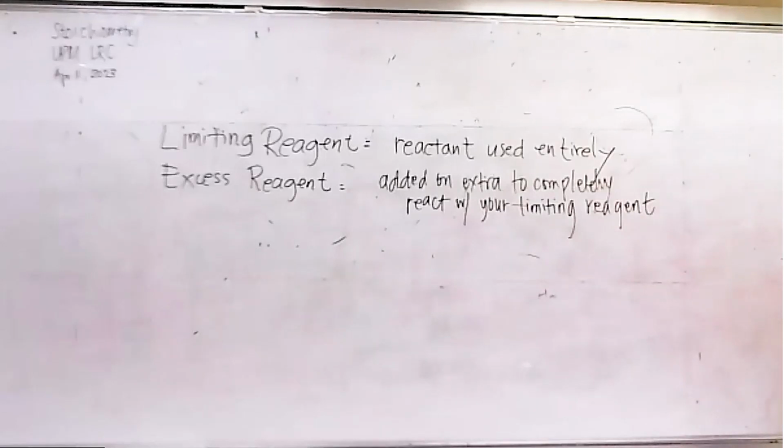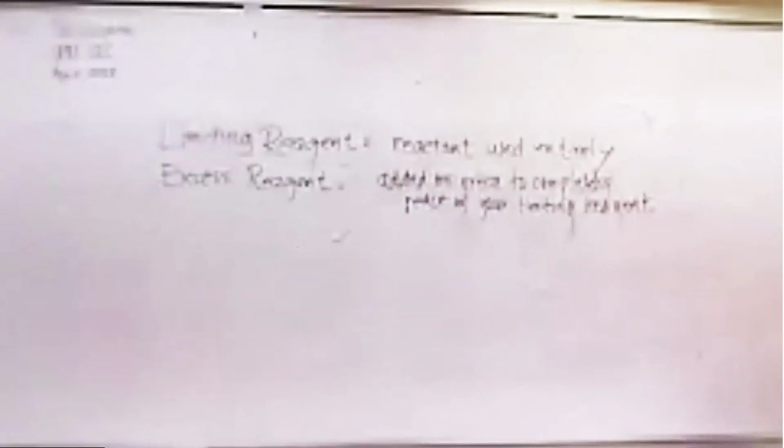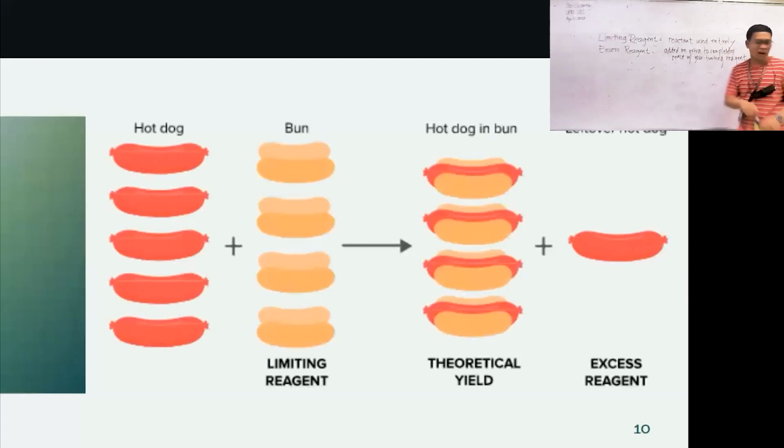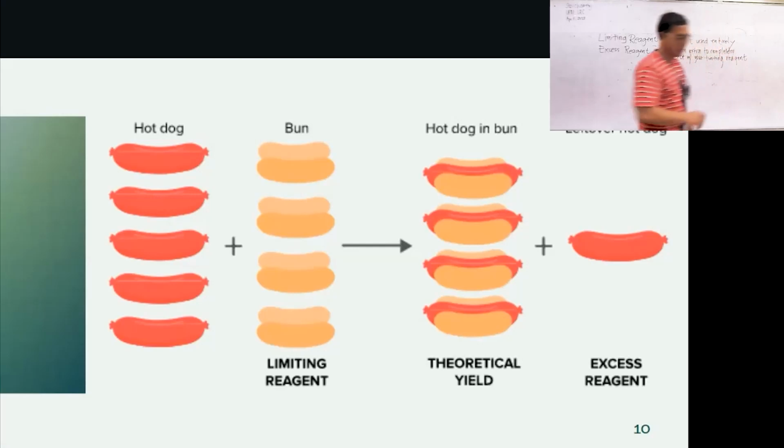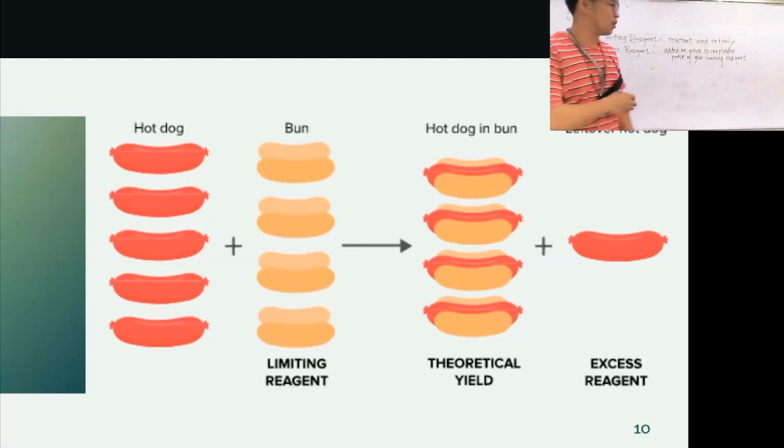To give you an analogy, let's go to the next slide. I hope you can still see our PowerPoint. You have 5 hotdogs and 4 buns. When we cook, for example, you can only produce 4 bun and hotdog combinations, but you'll have one hotdog left because we run out of buns.